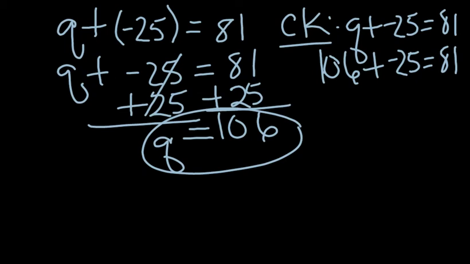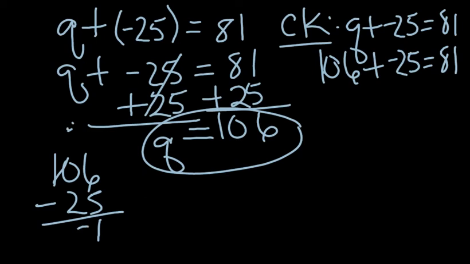Okay? So, the answer is going to be positive. We have to subtract to get the answer. If you do 106 minus 25, you get, oh, I don't need to borrow, you get 81. Okay, so 81 equals 81 checked.